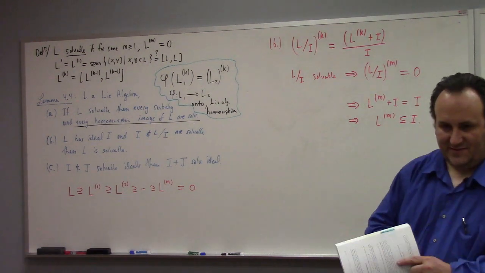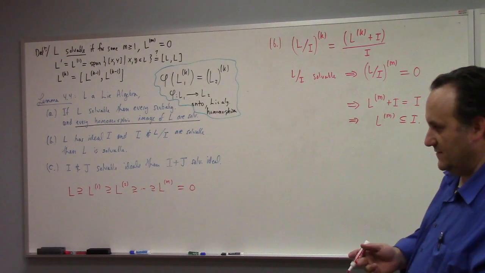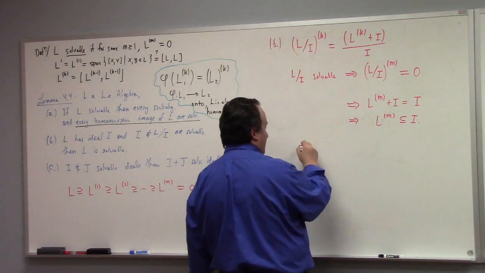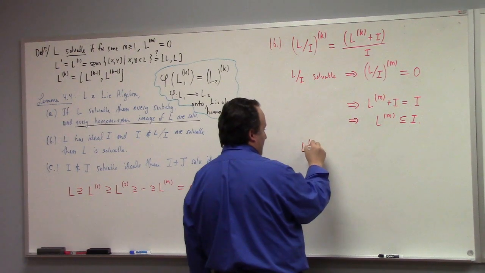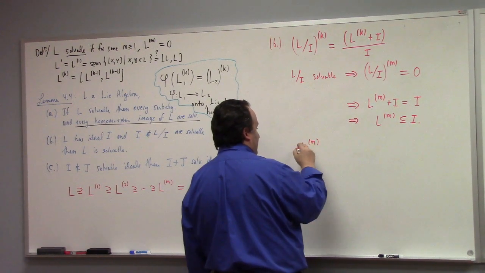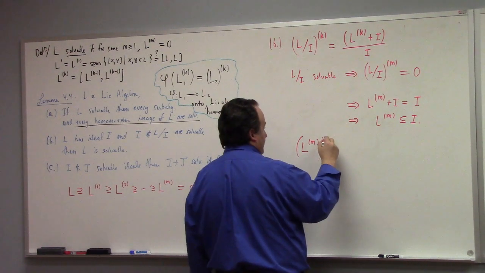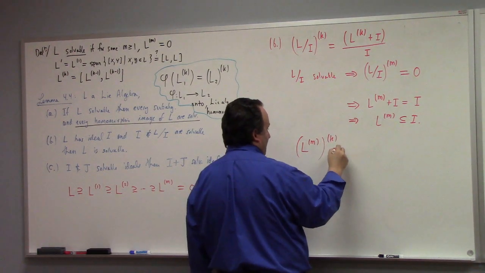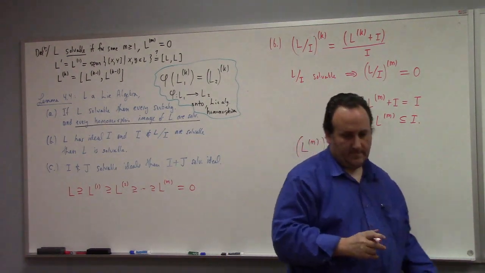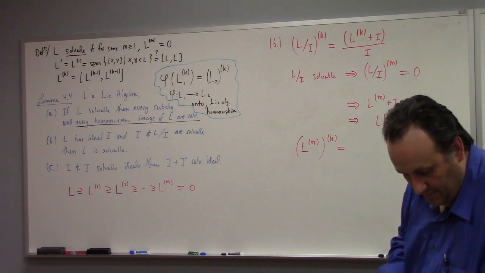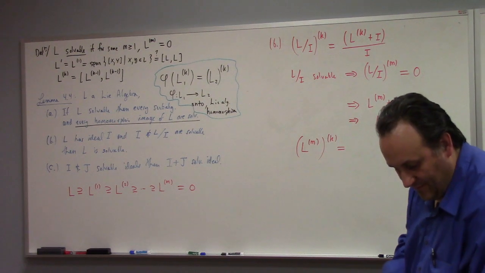But that doesn't quite do it directly. But he says what you can convince yourself of, or prove directly from the definition, is that if you take this guy and you look at the kth derived series of that, it's pretty cool. That works out to the m plus kth derived series.